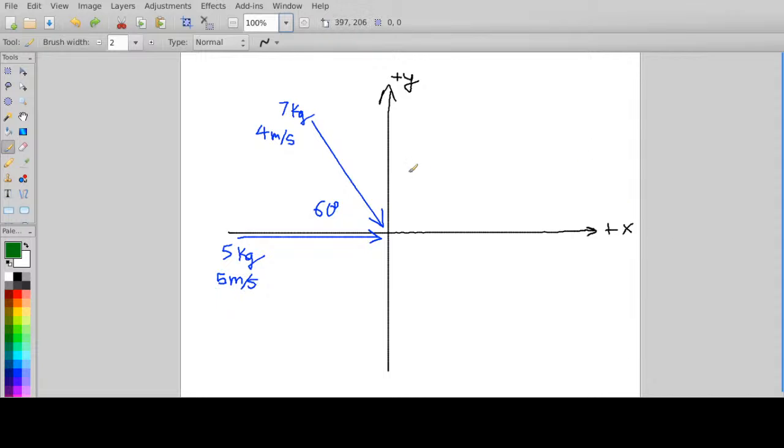Okay, it's this one that's the problem right there. And what's worse is you go, well, do I use that 60 degrees there? Well, yes and no. The way you do these problems is you got to pretend, because you got to break up this vector into x and y components, and you don't want to use this angle like that. You say, well, do I measure it from the positive x-axis?